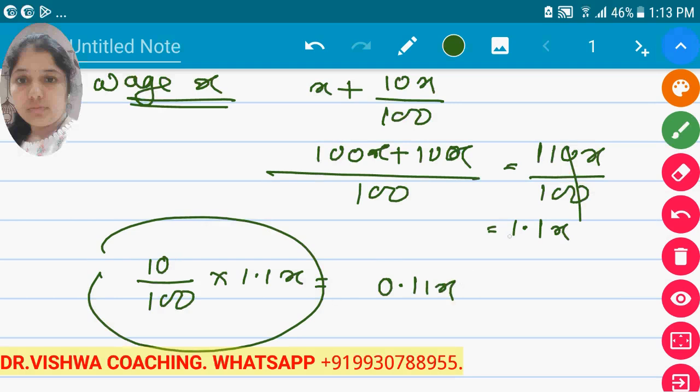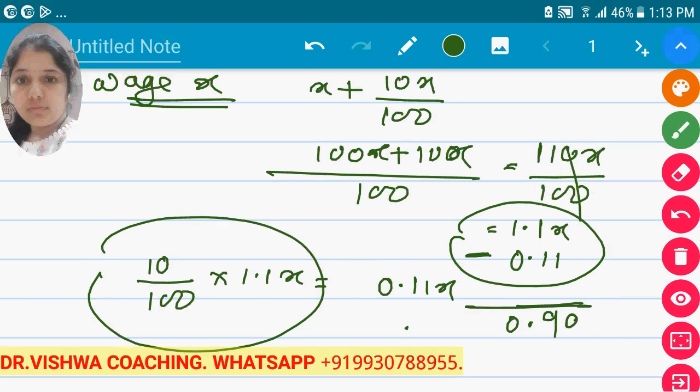Now our wage is 1.1x. Now reduced is 0.11x. So total change is, we have to subtract this 0.11 from this 1.1, which gives us the value as 0.99x.